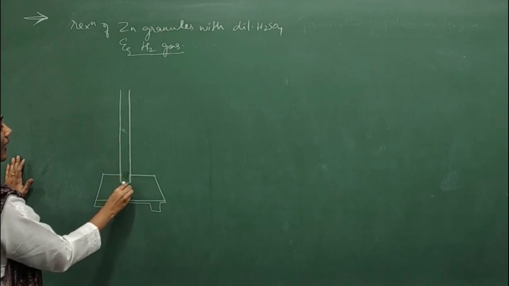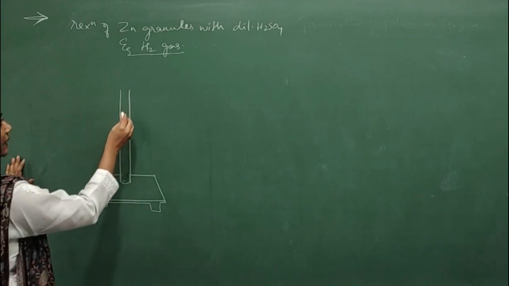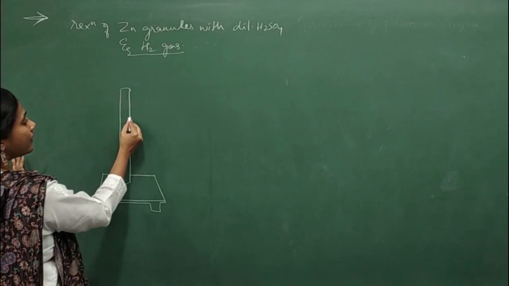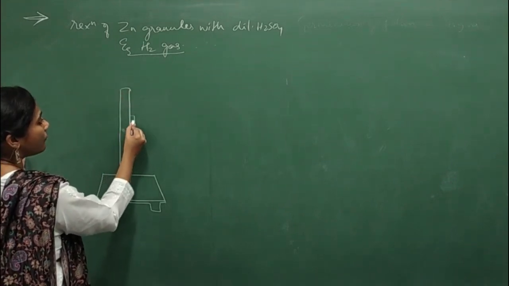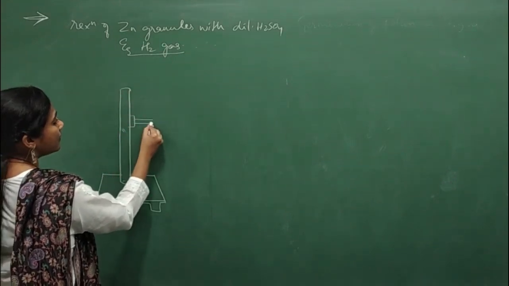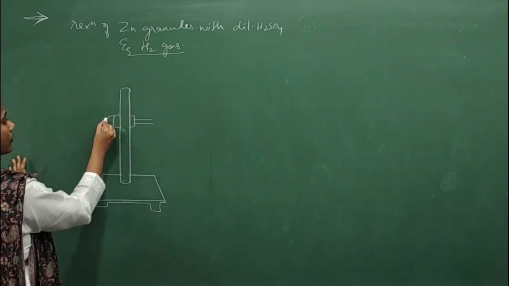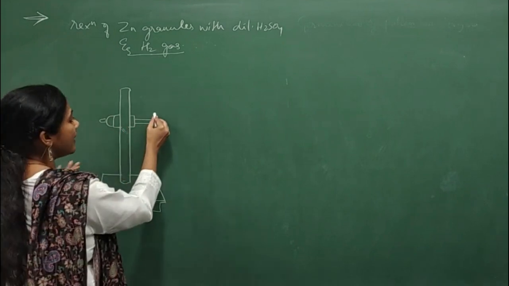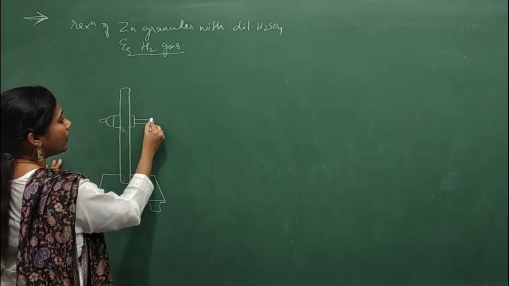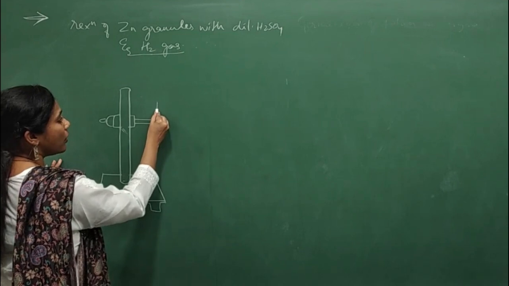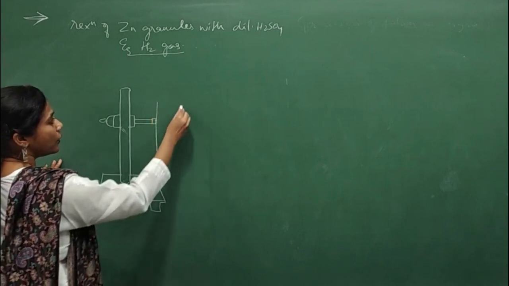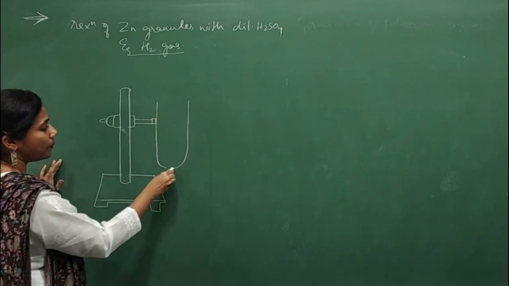So this is an elongated rod on a stand, where here we are fixing something like this. Show it like this, and here becomes your test tube. Okay, so you are holding a test tube. So this is a test tube, a big test tube.